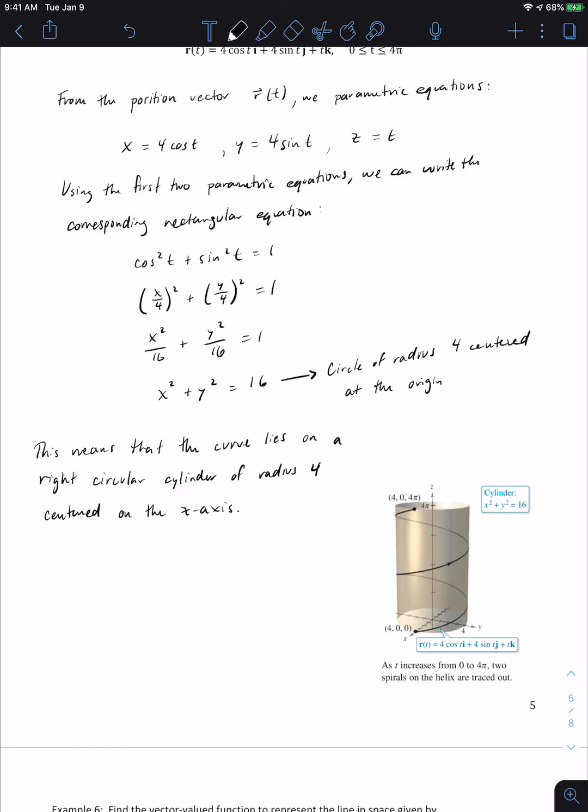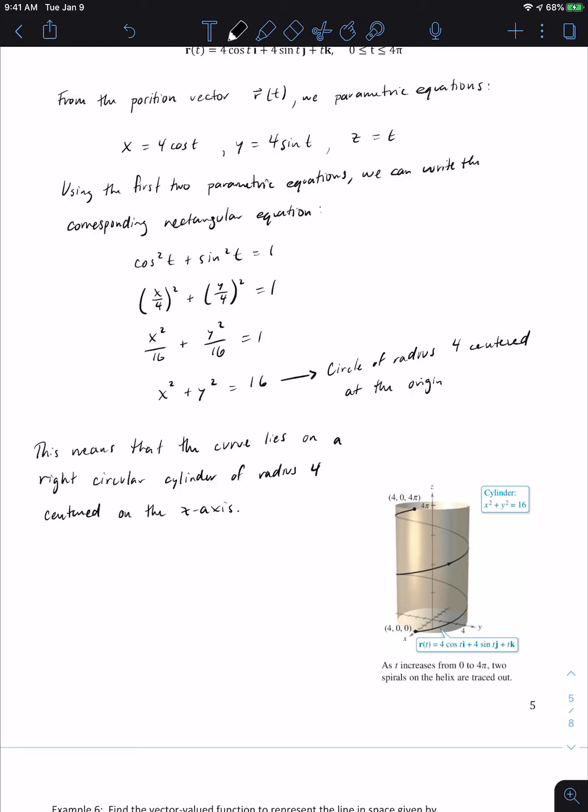Because remember when we talked about cylinders, we have this generating curve that's going to be a circle, and then we just get our height from our different t value, from our z, from whatever t we're plugging in. So in other words, that's why we have a cylinder, right?